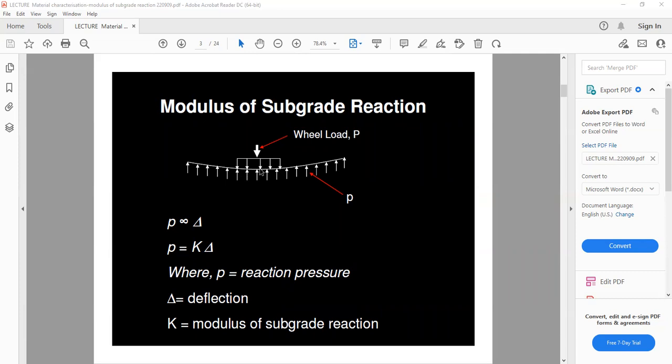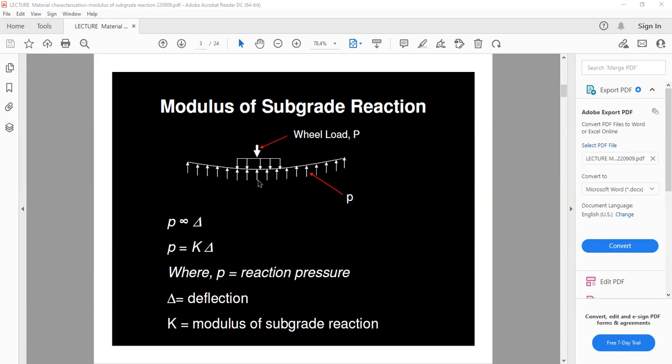In order to compensate this deflection, or another way to pull that deflection back, these reactions occur. So we can say to this action, there is a reaction from the soil.